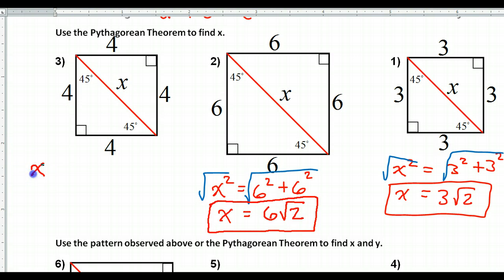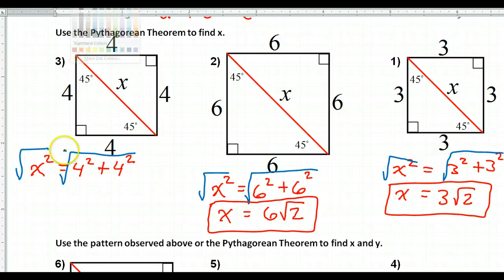X squared, c squared equals a squared plus b squared, 4 squared plus 4 squared. Once again, I take the square root. And what do you get? I get x is equal to 4 root 2.